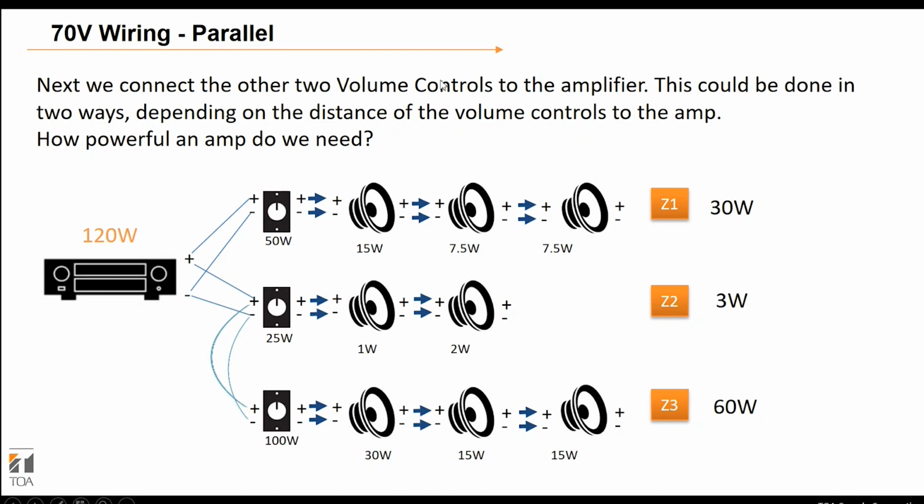Now, one thing to bear in mind with high impedance systems, if you're in a scenario where you maybe don't have a 120 watt amp available to you, but you still want to make sure you have that headroom, it would be perfectly acceptable to use a 240 watt amplifier on this because again, the amplifier's output power is not going to change what the speakers actually see.